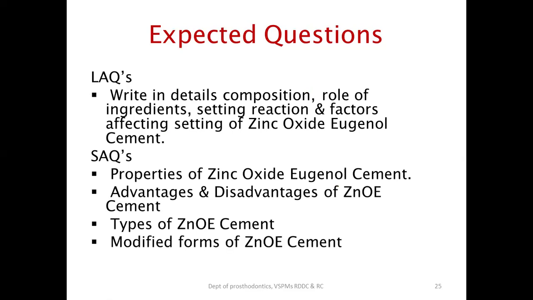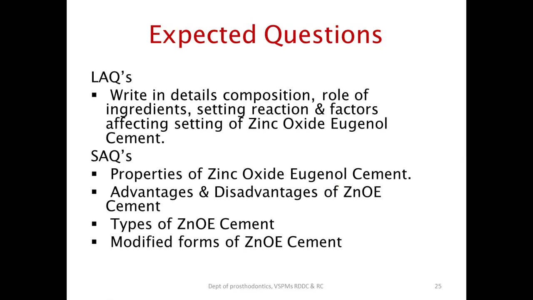One more thing I wanted to add here: many times when we check papers, while writing the indications or uses of zinc oxide eugenol cement, many students get confused with zinc oxide eugenol impression paste, and they write that it is used to make the final impression.